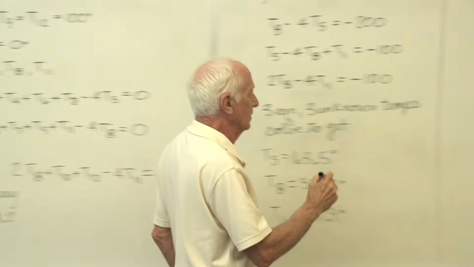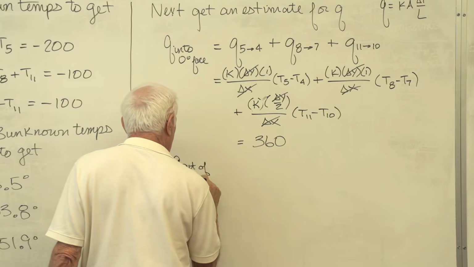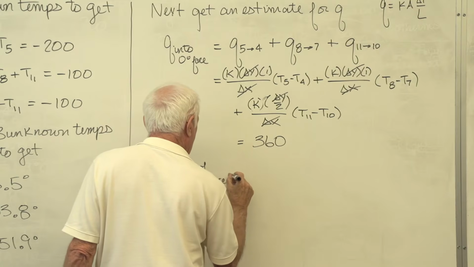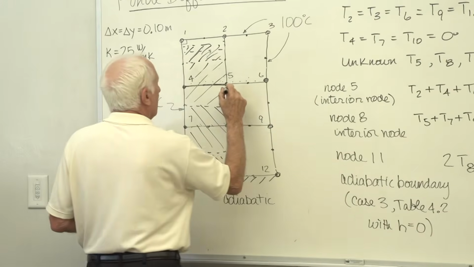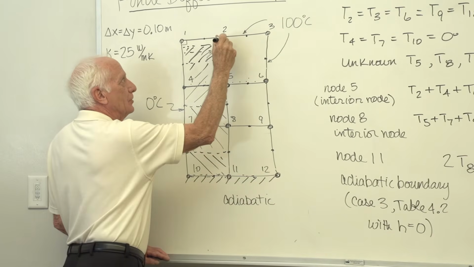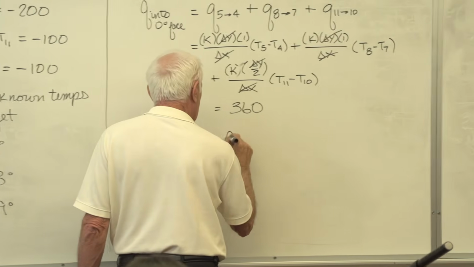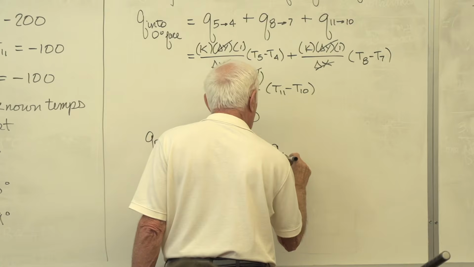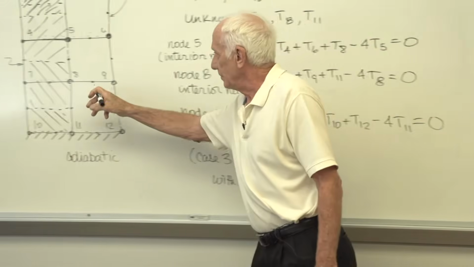Okay, let's try that then. Q out of the 100 degree face. All right, look at the heat conducting rods from 5 to 2, from 5 to 6. Okay, let's do 5 to 2 first. Q 5 to 2, plus Q 5 to 6, plus Q 8 to 9.